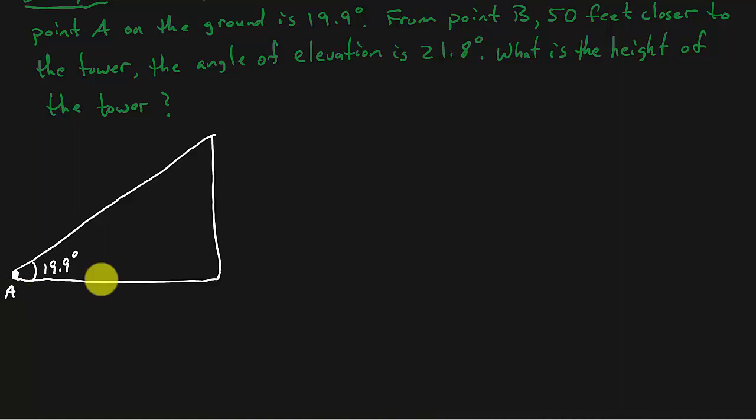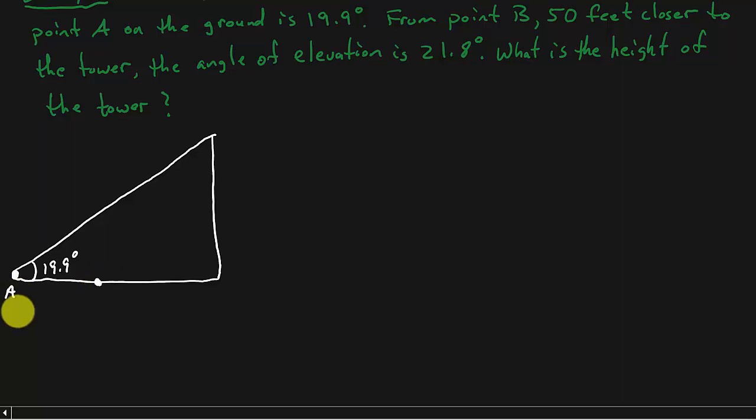Now they tell us that we have a point B, which is 50 feet closer. That's point B. And they tell us the angle of elevation here is 21.8 degrees. And this is a right angle. And they want to know what is the height of the tower. All right.